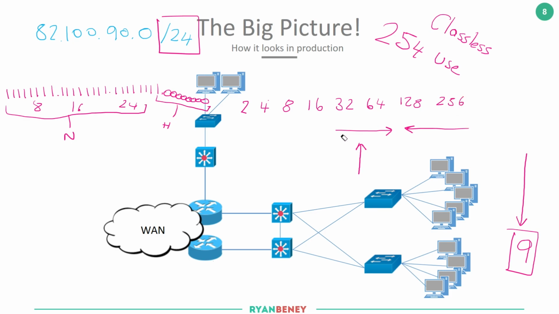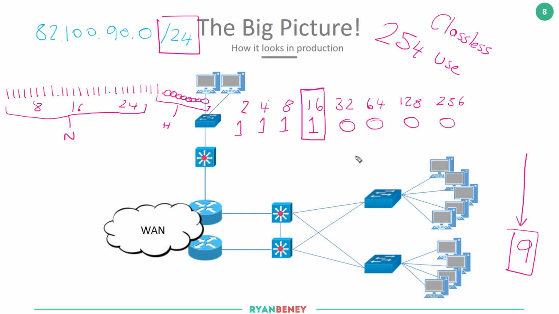Now, in order to have 9, we know that we're going to at least have to look at turning on 16. So we're going to turn on 16 and all the ones below that. Because 8 was too little, 32 is way too much, 16 is the lowest we can have turned on that allows 9. So because of that, our new subnet mask is 4 ones and the rest is zeros.